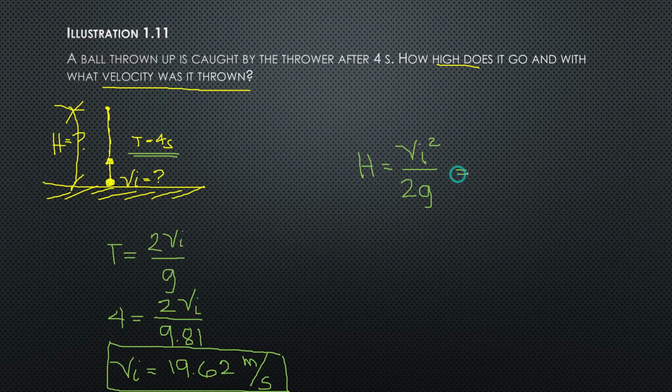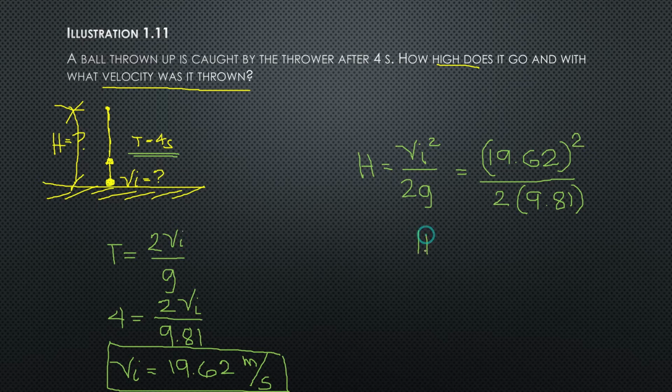So this becomes initial velocity 19.62 squared over 2 times 9.81.